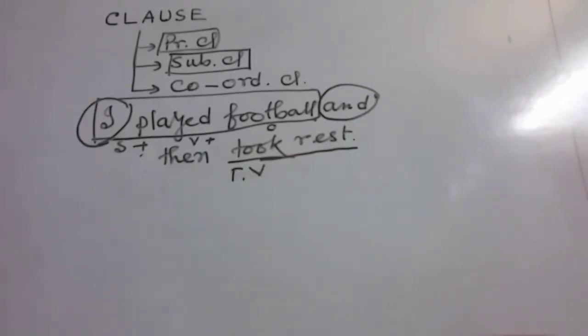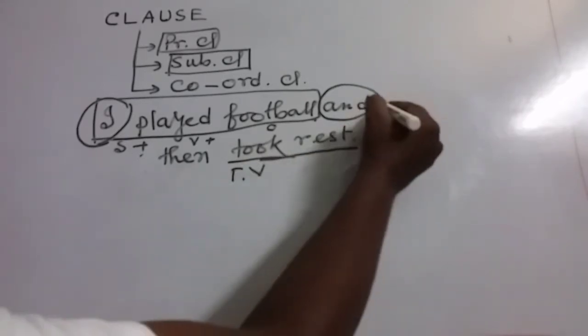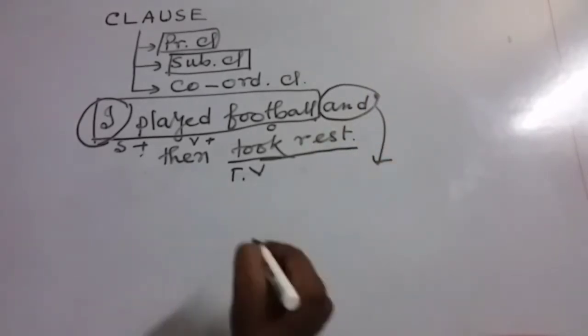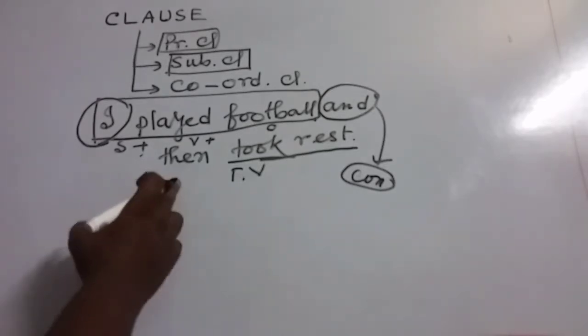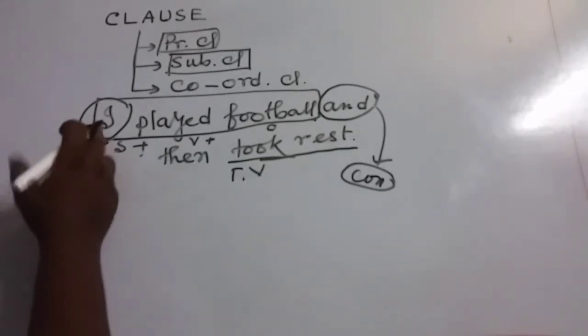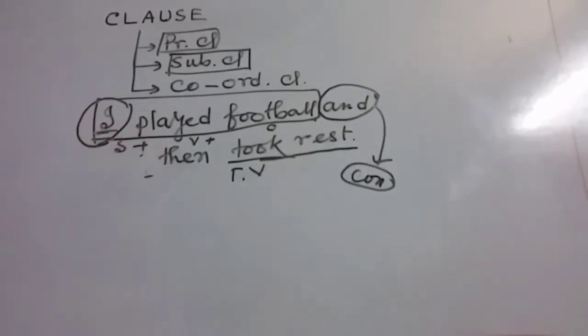But if the subject is same for these two sentences, we use the subject once, not twice. And we are joining these two sentences by this conjunction and write down in this way.